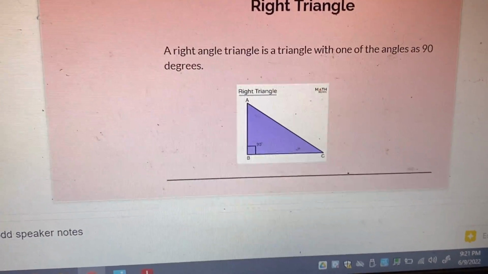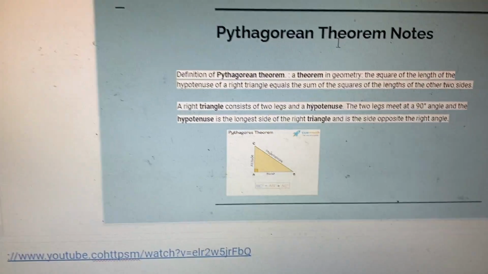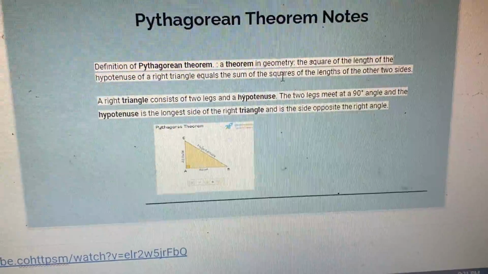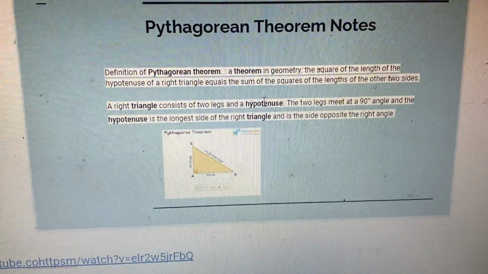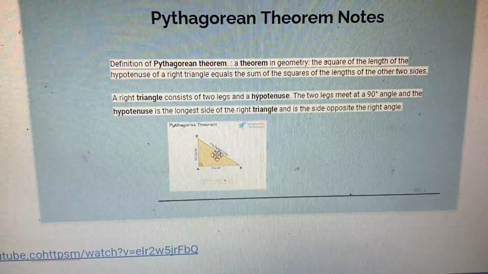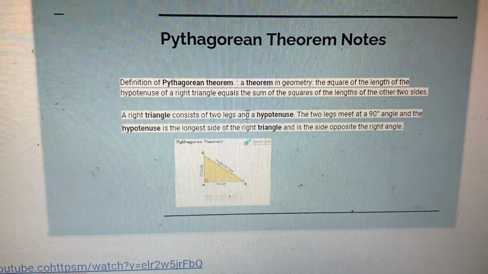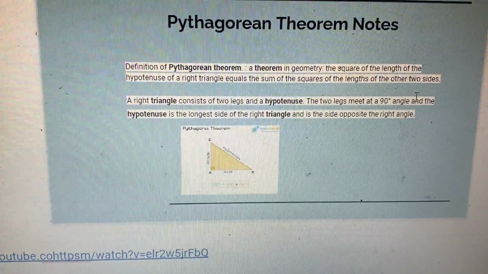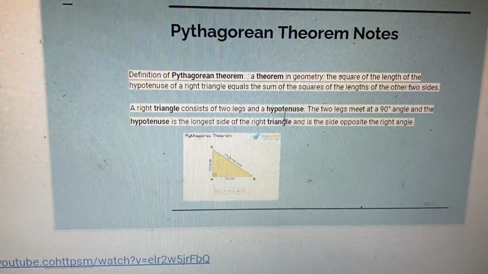I want to move down here to the Pythagorean theorem. The definition is that in geometry, the square of the length of the hypotenuse of a right triangle equals the sum of the squares of the lengths of the other two sides. A right triangle consists of two legs and a hypotenuse.